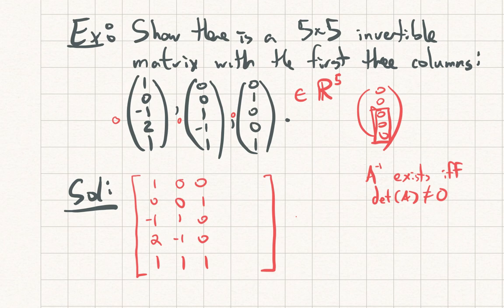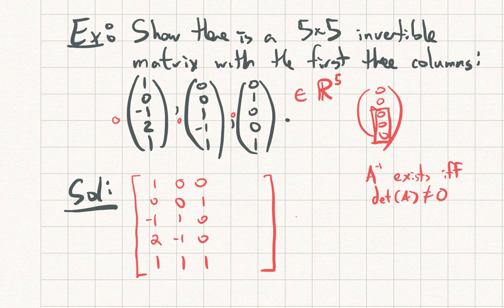Now, if I wanted to make a spanning set, so I wanted to have a linear combination of vectors that could make any vector in R5 here, I need to come up with a way of determining the third, fourth, and fifth entry. And I'm going to say that this guy will determine the third entry in some sense. So I'm going to let this guy determine the third entry, and then I can make up for these entries here with the two vectors here.